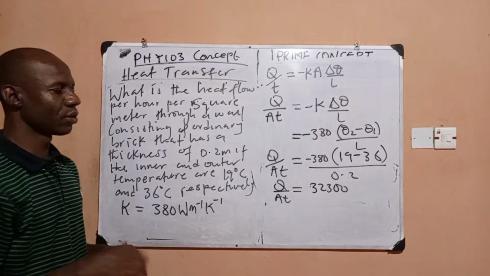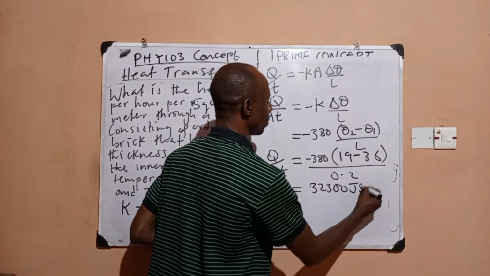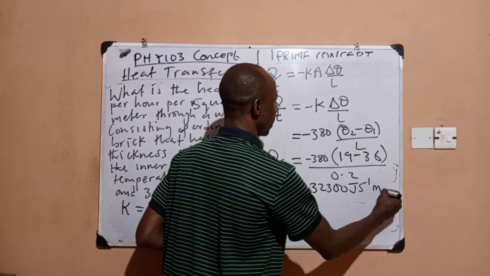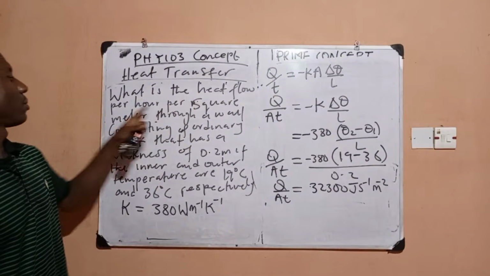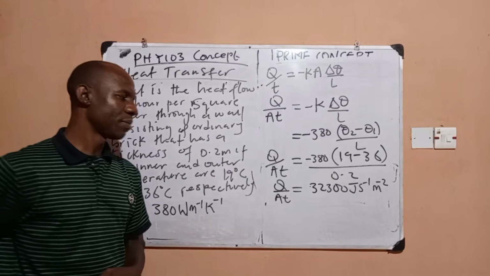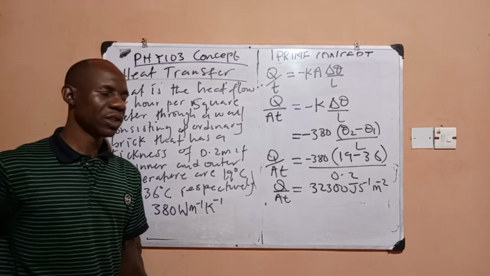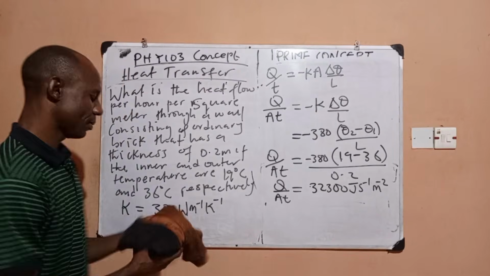32300. But take note, what we have here is actually joule per second per meter square. But they say we should find per hour, not per second. So what are we going to do to find per hour? How do we change seconds to hour? I believe everybody can do that one.